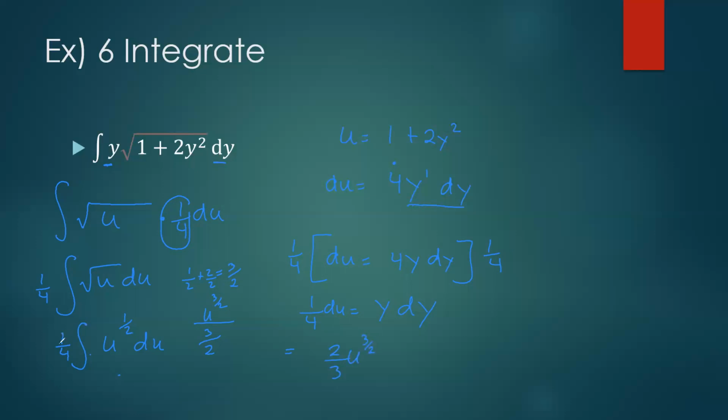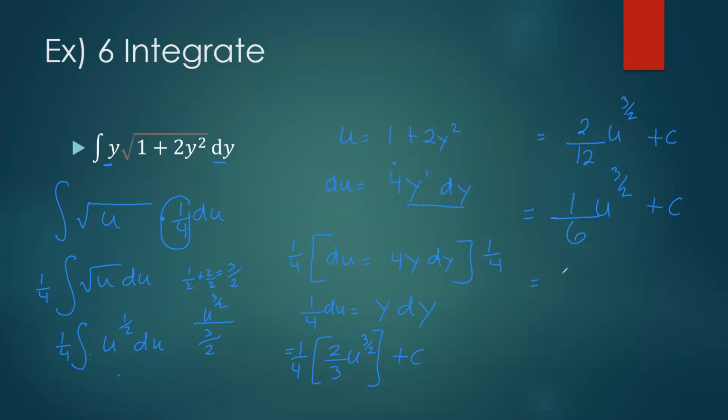And then remember, we still have this 1/4. So we're going to multiply both sides by 1/4. And then don't forget the plus c. Put it all together, you get 2/12 u to the 3/2 plus c. And then 2 over 12 can be reduced to 1/6 u to the 3/2 plus c. And then just replace your u with 1 plus 2y squared.